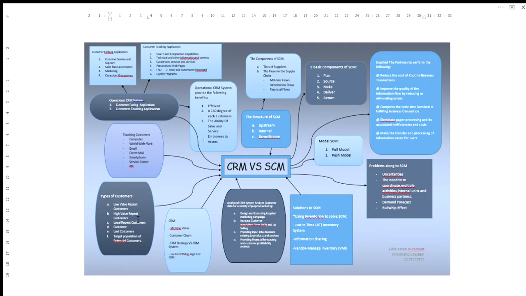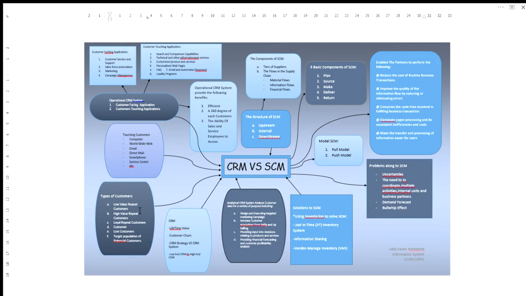So it is divided into two groups, namely high-value repeat customers and low-value repeat customers. So to read the type or level of the customer in CRM, it is not a problem to read from the outside or from the inside.